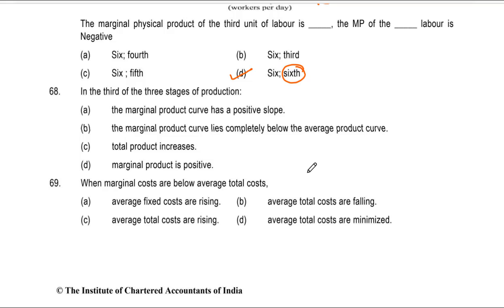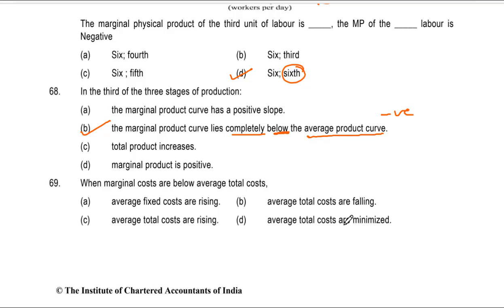So in the third stage, the marginal product lies completely below the average product curve and even becomes negative, but the average product curve will not touch the x-axis. 68B.